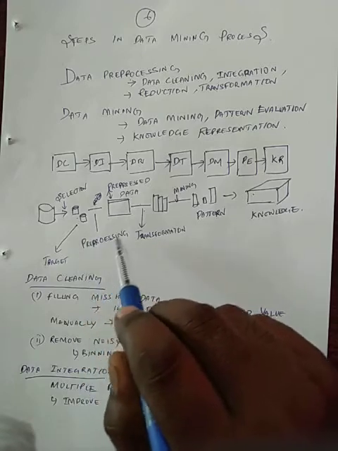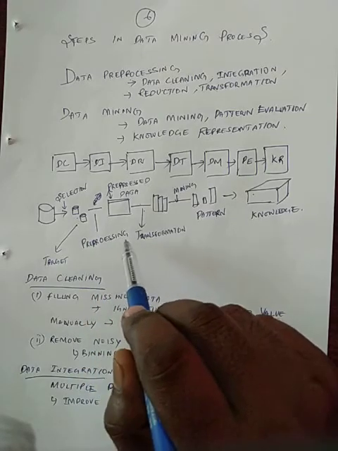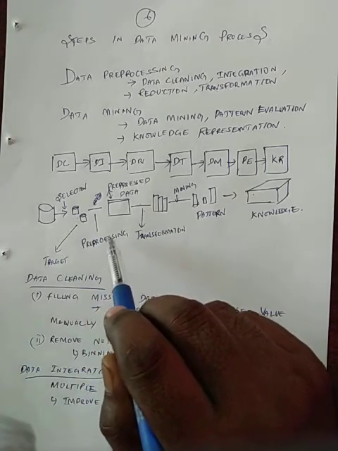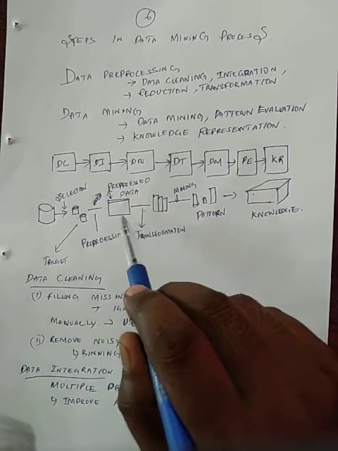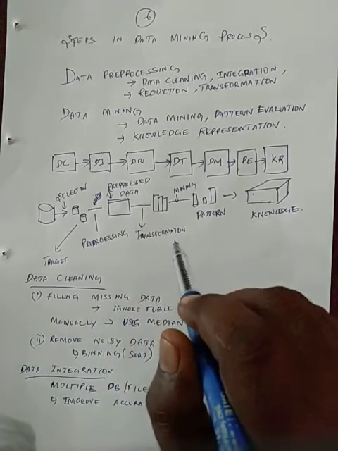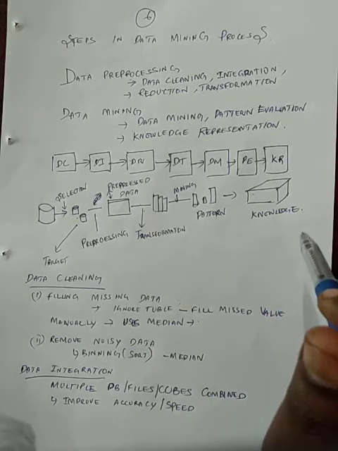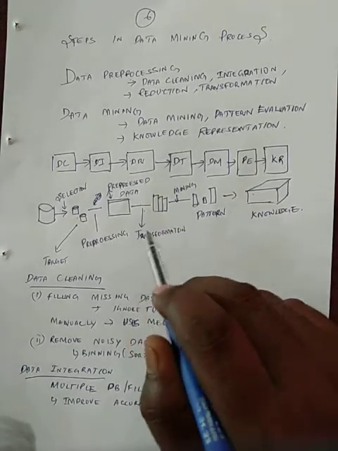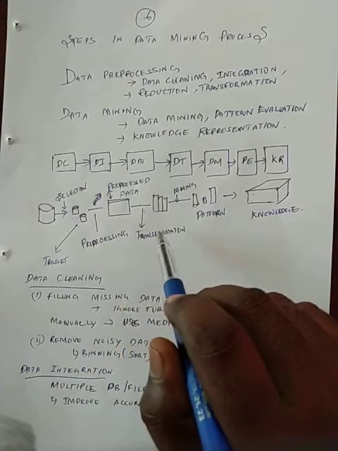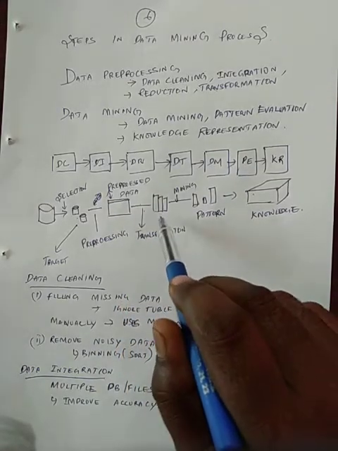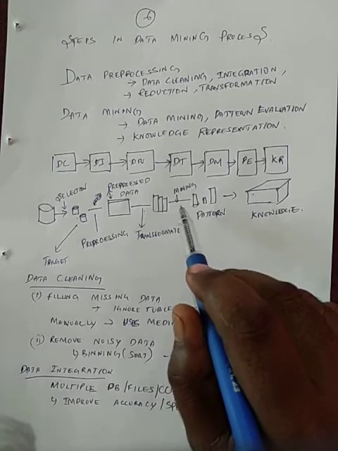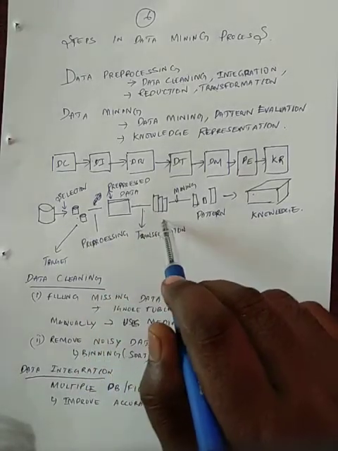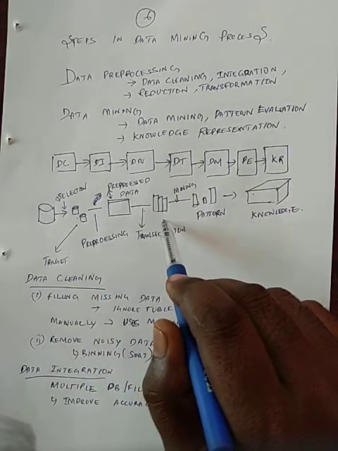Then it is pre-processed. Once we perform pre-processing, we get processed data. As per customer need, you want to transform the pre-processed data, that is the data transformation process, and then comes mining. Up to this point we are doing pre-processing.